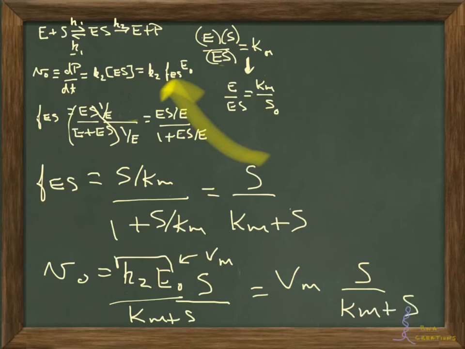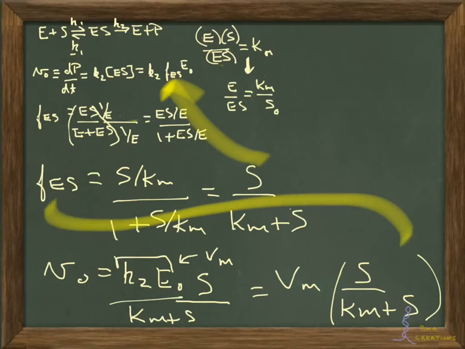Notice how I'm choosing to just separate out the algebra. I have Vm times S over Km plus S, but we know that that last term is simply equal to the fraction of ES. And so it's Vmax times the fraction of ES. It's just kind of cool, right? And powerful. So we get the same answer.